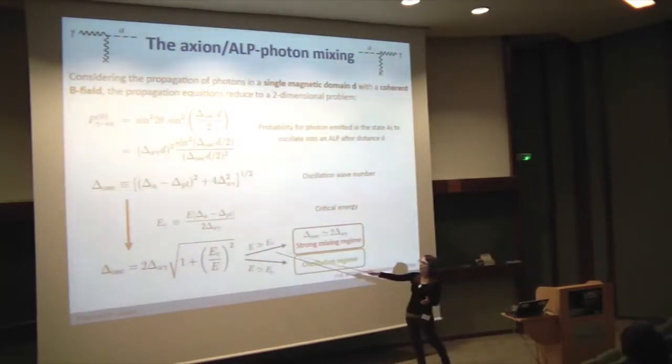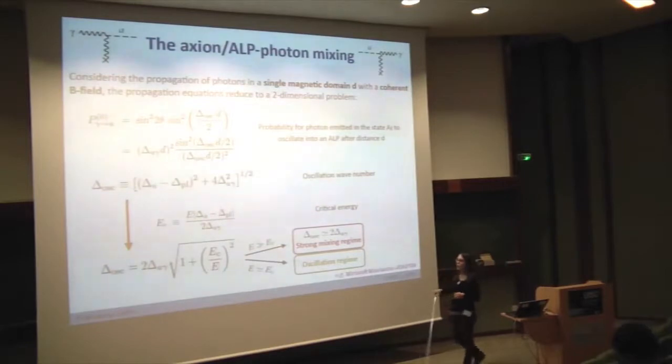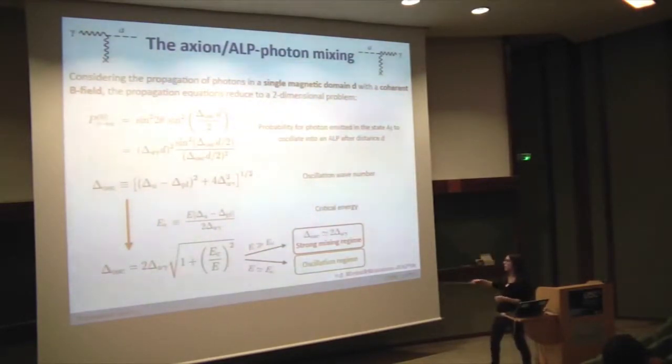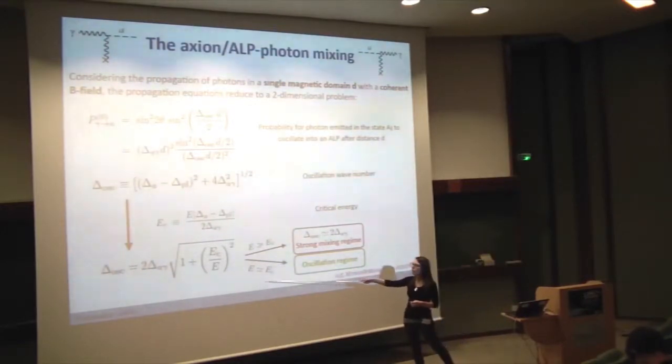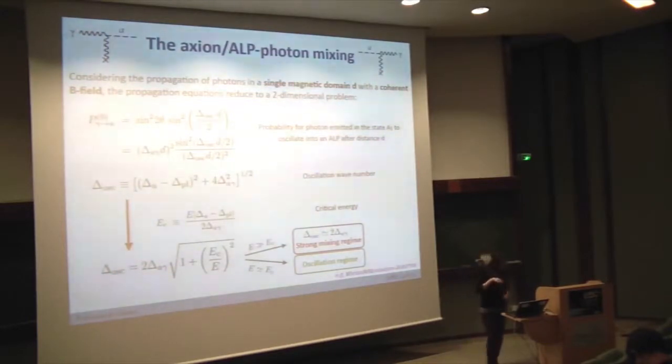One, when the energy of the photon is much larger than the critical energy, then the oscillation wave number does not depend on energy anymore, and you have maximal mixing, so you are in the strong mixing regime. On the other hand, if you have a photon that is almost at the critical energy, you have the full oscillatory pattern, and so you can dub it the oscillation regime.